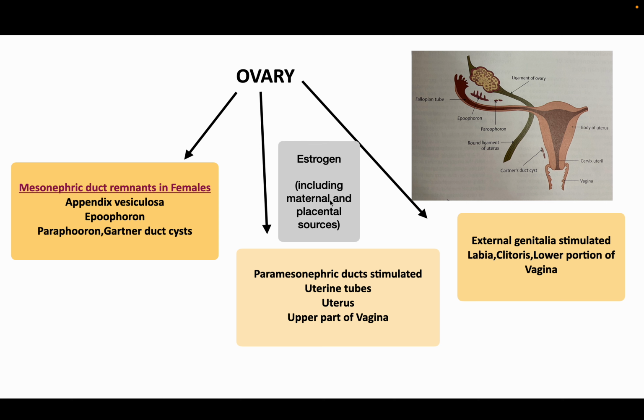Then estrogen, including maternal and placental sources, stimulates the paramesonephric duct to form the uterine tubes, uterus and upper part of the vagina, and the external genitalia to form labia, clitoris and lower portion of the vagina. This is how the ovary is contributing to the development of the different structures and the external genitalia, by the hormone estrogen.